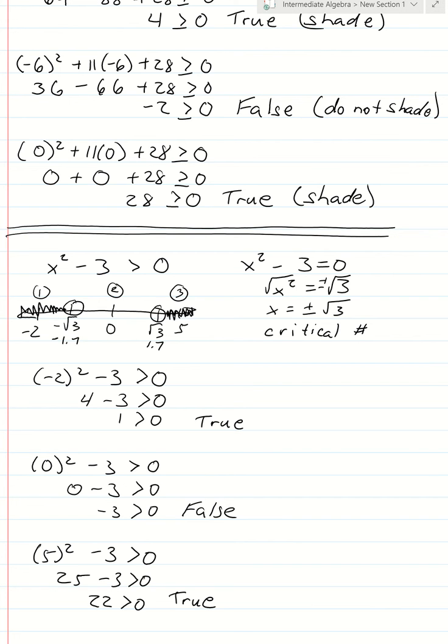So our answer, once again using interval notation, would be going from negative infinity to negative square root of 3, parenthesis, or parenthesis, square root of 3, comma, infinity with a parenthesis.